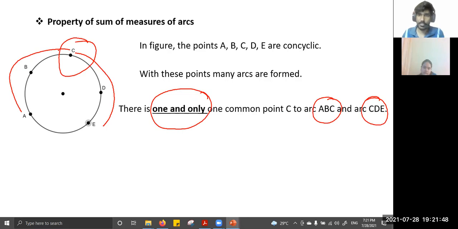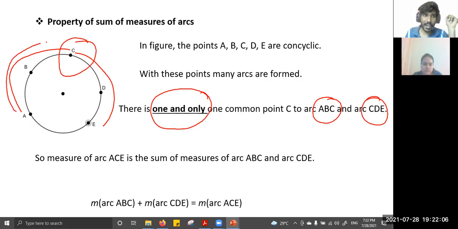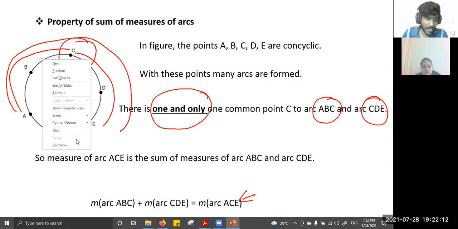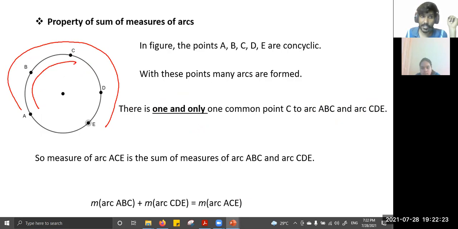Because of this property, that just one point is common in both the arcs, we can form, like the angle sum property of a triangle, exactly the same, the sum of measures of arcs property. The measure of this entire arc ACE will be measure arc ABC plus measure arc CDE.